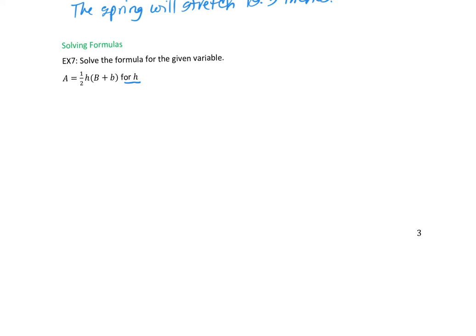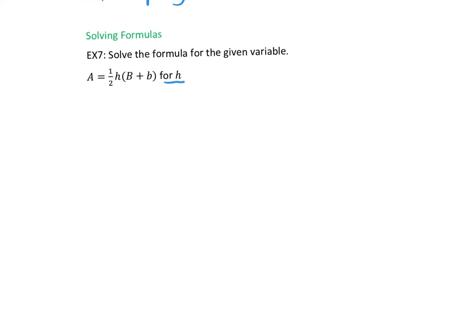That's real common when we have relationships like maybe Celsius and Fahrenheit. So in this particular case, we have to follow our order of operations. If I'm solving this area formula for H, what I notice on the right-hand side is this is all multiplication. So I have 1/2 times H times, in parentheses, big B plus little b. So I have a choice.